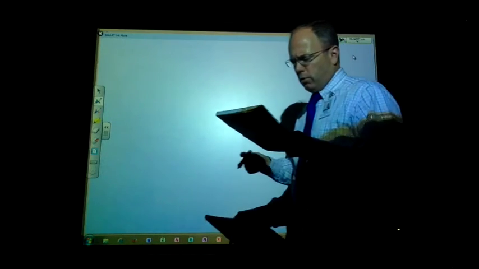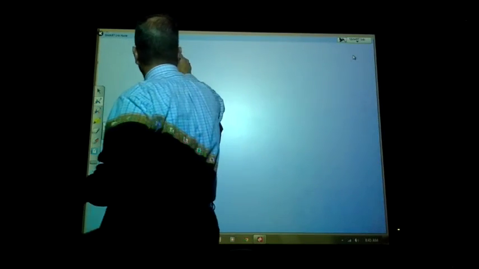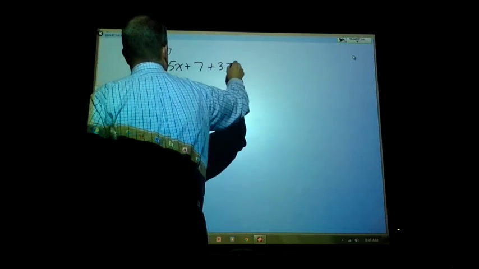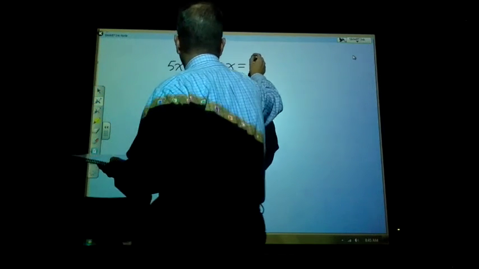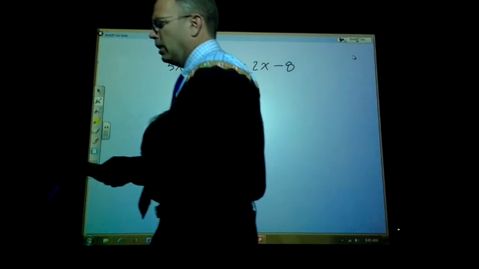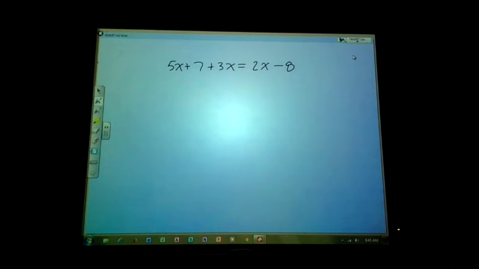So today, let's say we had 5x plus 7 plus 3x is equal to 2x minus 8. I want to solve for x. I want to get x all by itself. But notice on one side I have like terms.